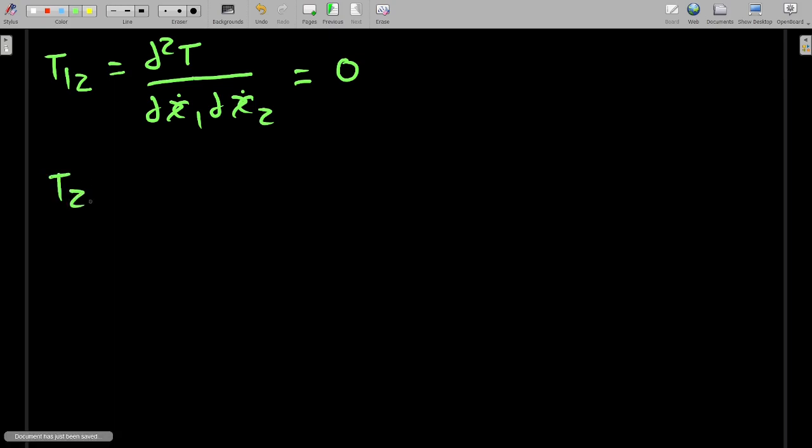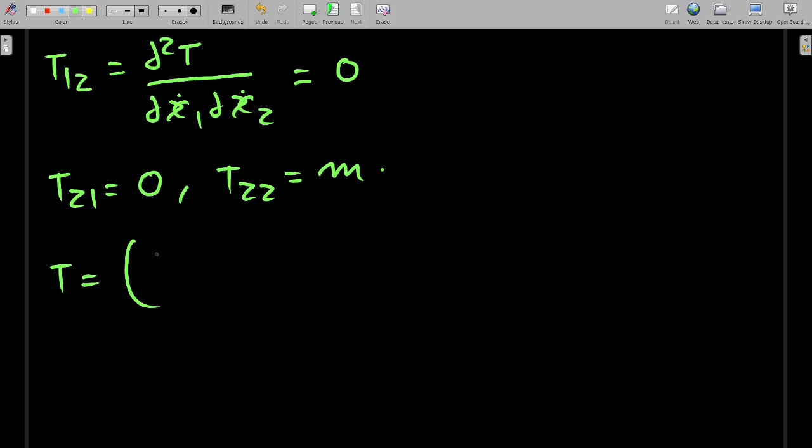Similarly T21 is 0, and T22 is m. So our kinetic energy matrix will become m 0, 0 m.